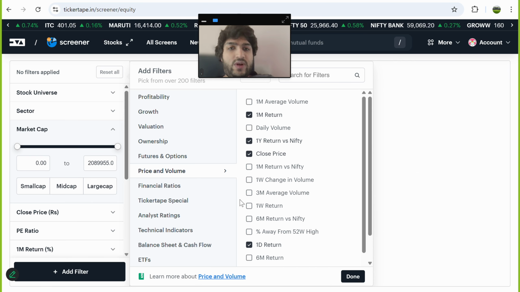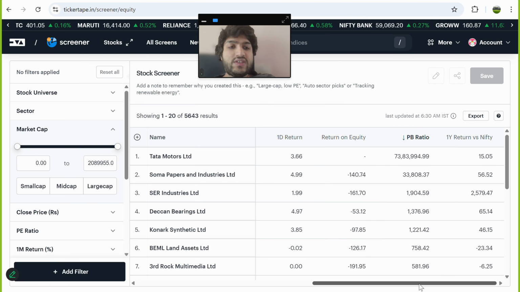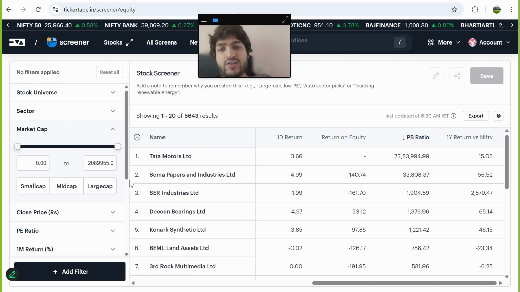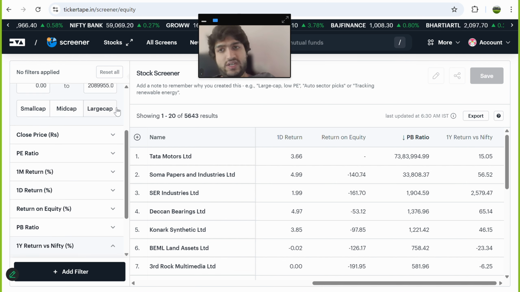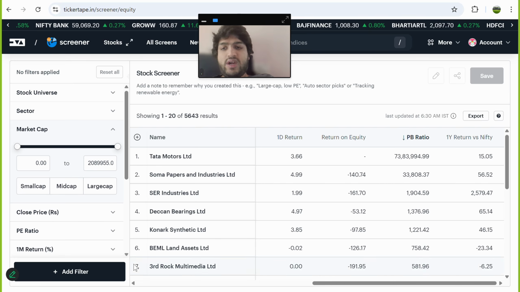So we can enable 1 year return versus Nifty. So we can see the performance of this particular stock against Nifty. Nifty is the index which is used in India. Nifty 50 is the top 50 stocks listed on the Indian stock market based on market cap.